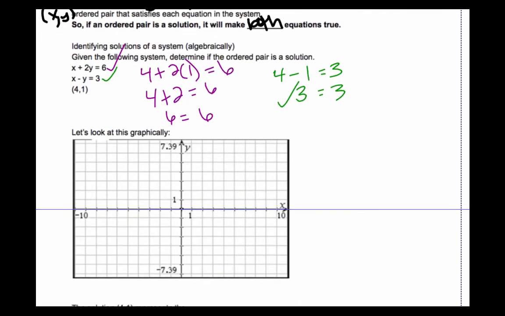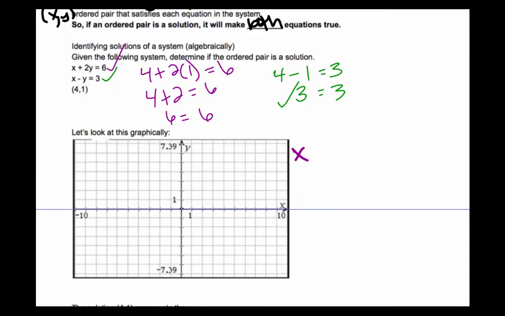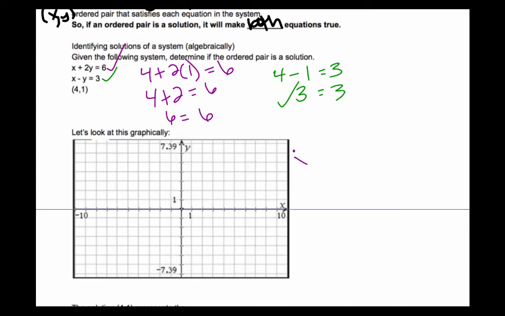Now let's see what it looks like graphically. So we're going to graph these two functions. So x plus 2y equals 6. Let's go ahead and solve for y.